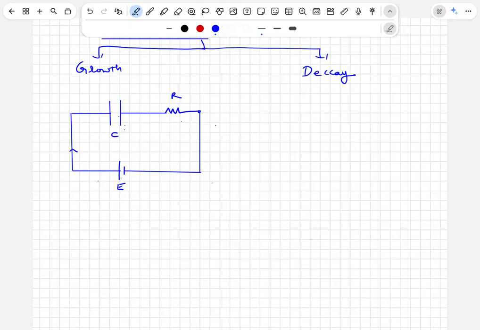So what is happening here? There is current at some point of time, with instantaneous charge and current. We call the points A, B, C. VA minus VB is plus Q by C. VB minus VC is plus IR.